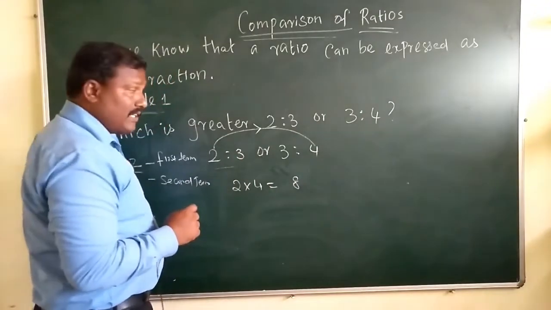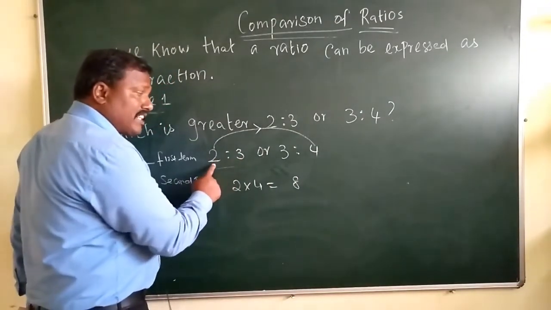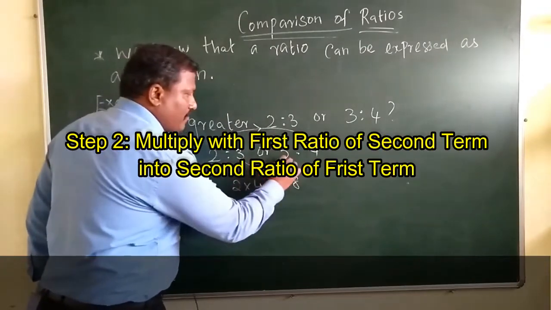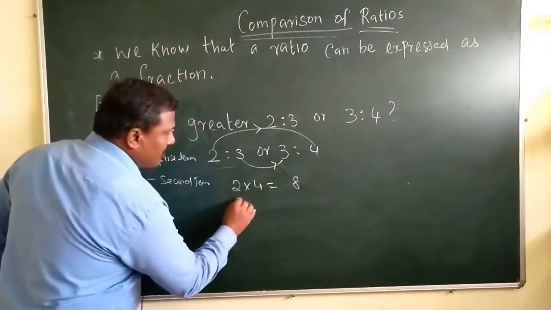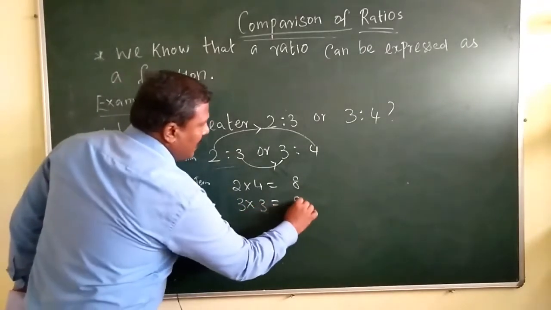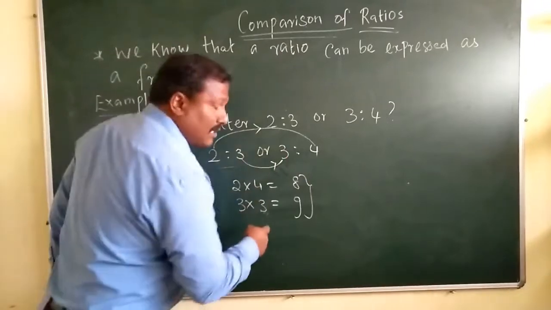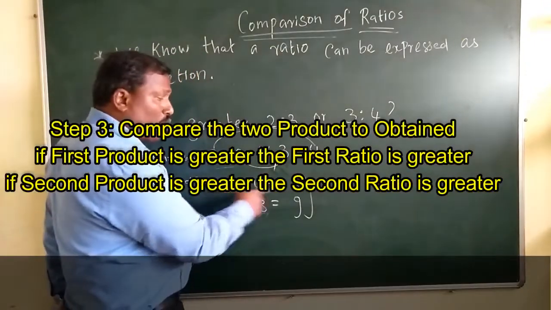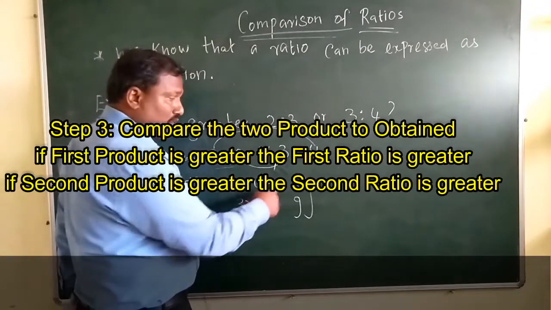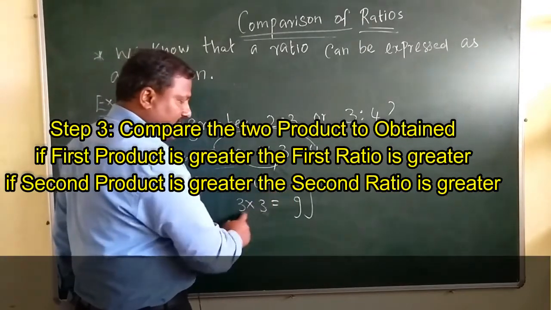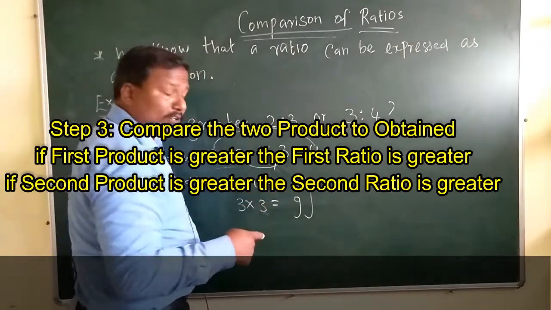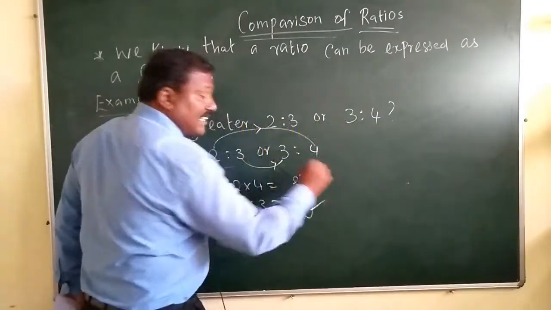Now for the second one, we multiply the second term of the first ratio with the first term of the second ratio, 3 3s are 9. If you compare the two products, 2 4s are 8 and 3 3s are 9, which is the greater product? This is the greater product.